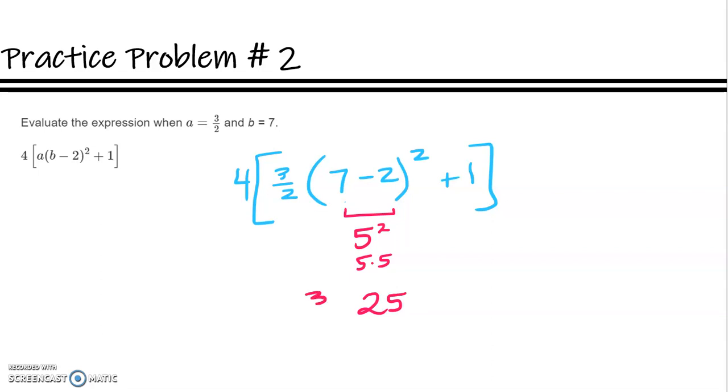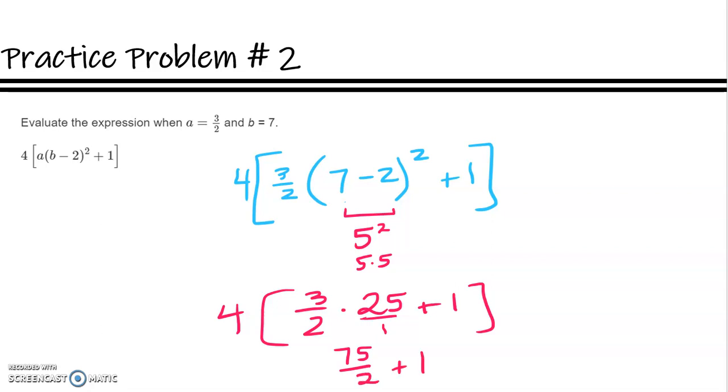So you're doing 3 over 2 times 25 plus 1, and then after you do all of that, we'll multiply that by 4. Okay, I have to multiply first. 3 times 25 is 75. 2 times 1 is 2.